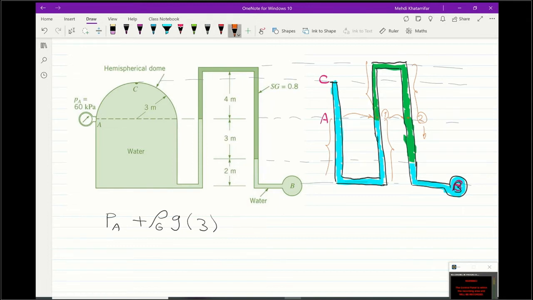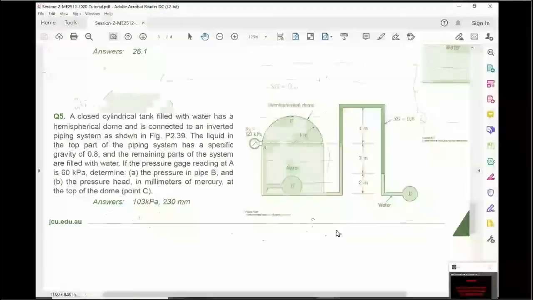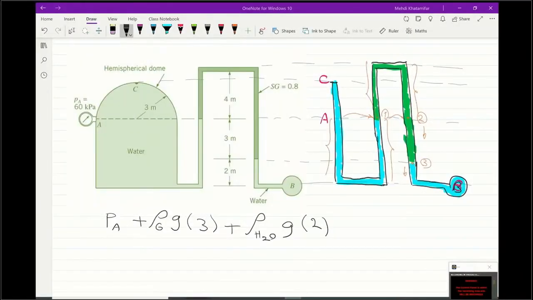Plus, now I reached point 3. Again downward, I add plus density of the water times g times height, which is 2 meters. That is going to be equal to the pressure at point B.